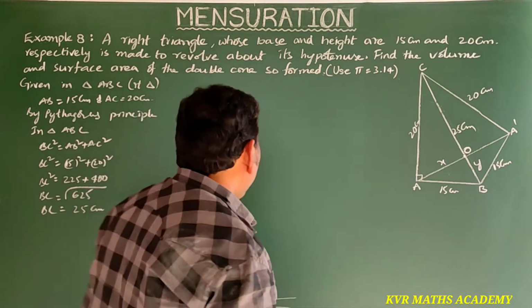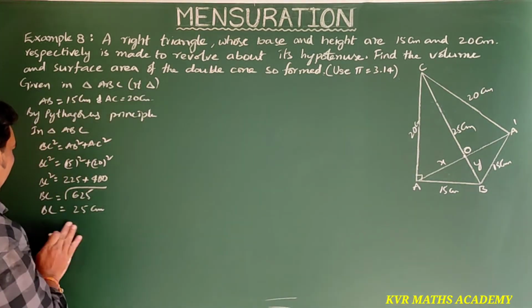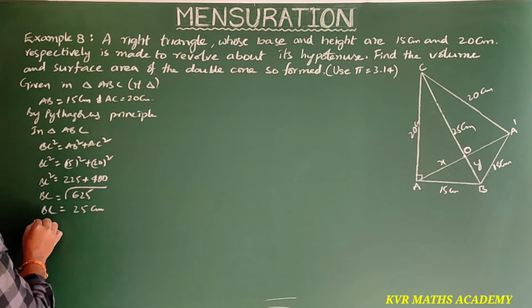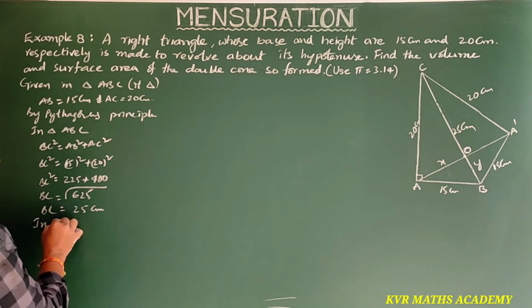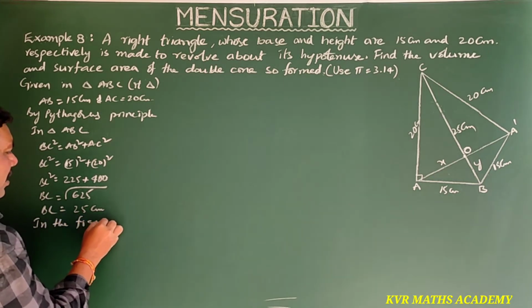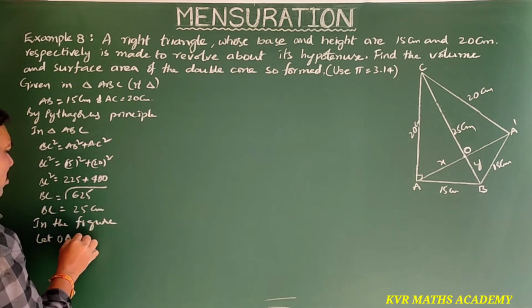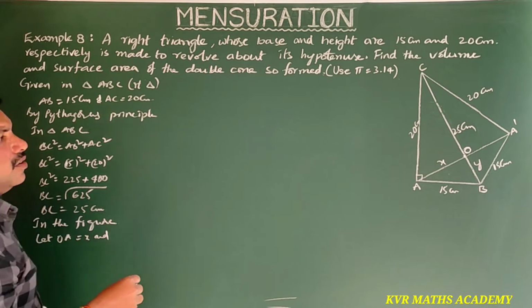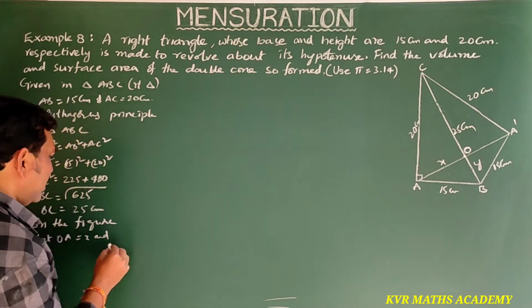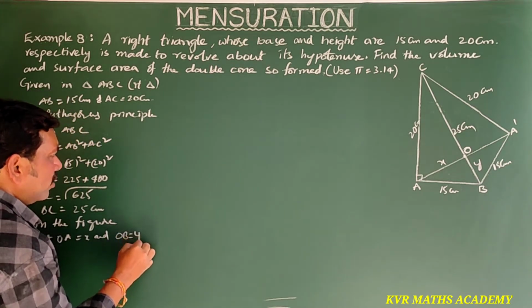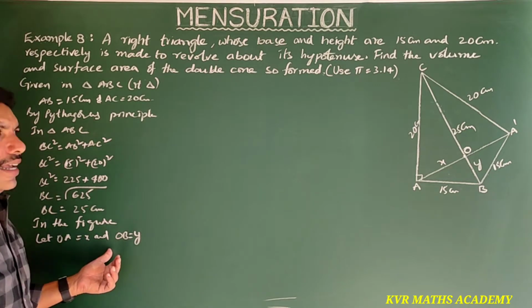Let us find. Look here. In the figure, let OA be equal to X and OB be equal to Y. Let us take it like that.